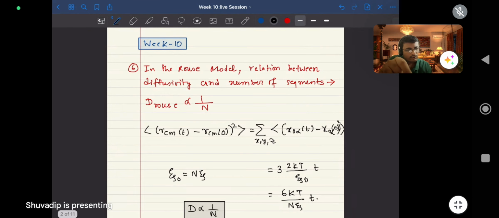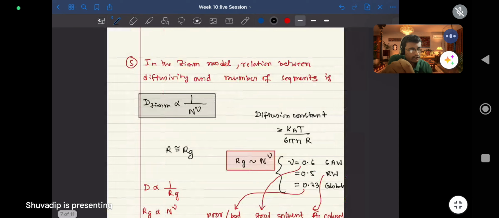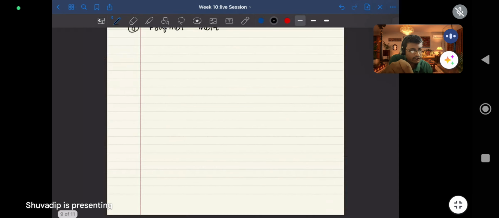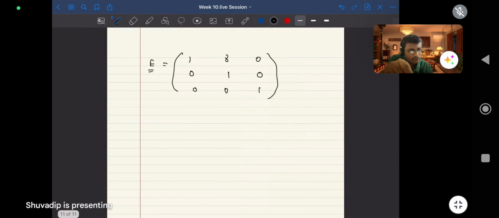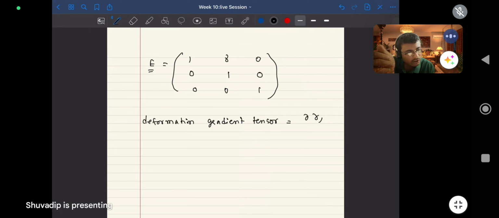So I must add to this that this deformation gradient tensor you can also write in a compact form like this. In a compact form, the deformation gradient tensor is given by del R alpha, del R0 beta.